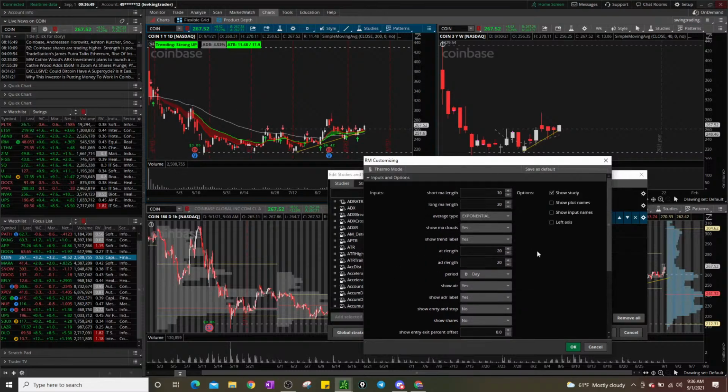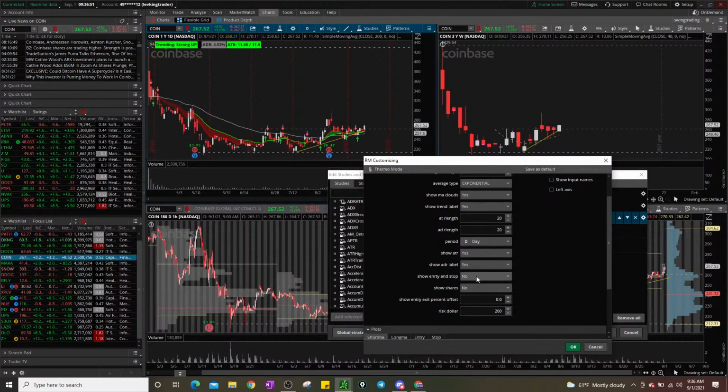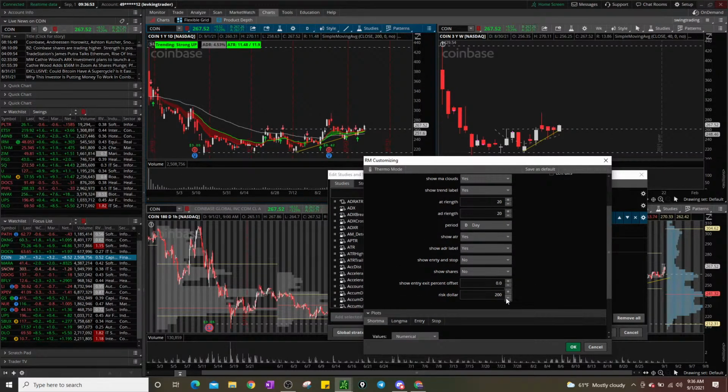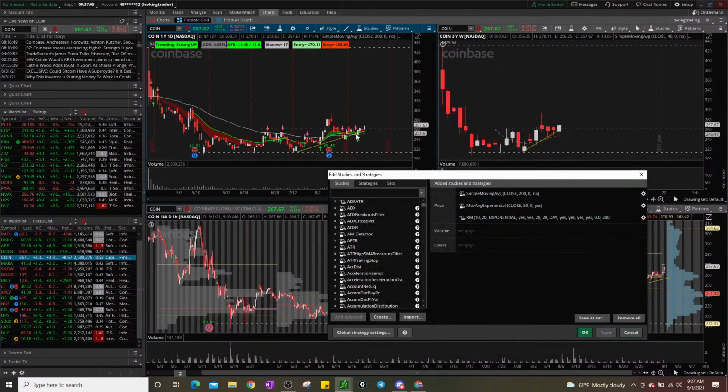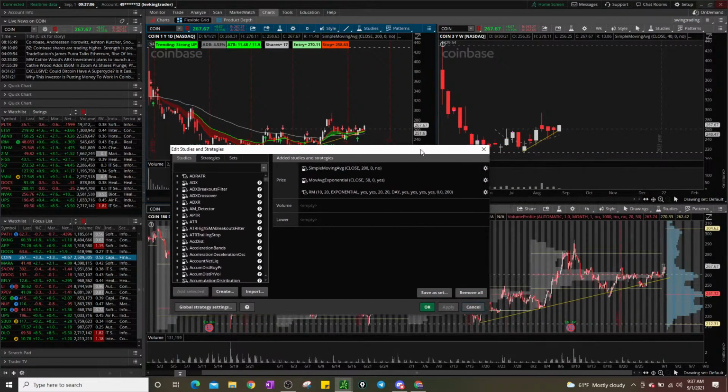There is more to it, so I turned it off so it can show you, actually, this is the risk dollar, for example. You can risk $200, and based on entering at the current price, where the stock is sitting right now, right?